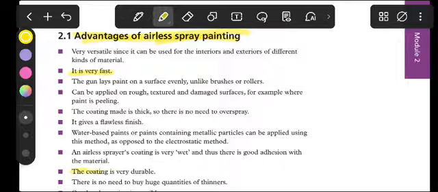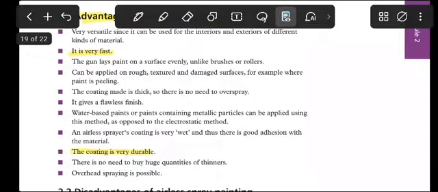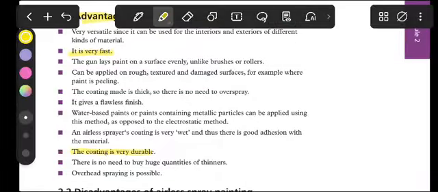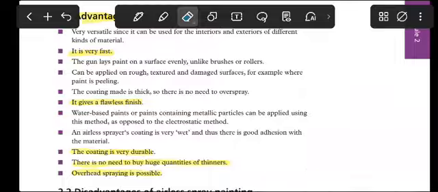The coating is very durable. That is another point. Overhead spraying is possible. All right, that's nice. It gives a flawless finish. That is nice. There is no need to buy a huge quantity of thinner. Talking about thinner, that is what we'll have there.